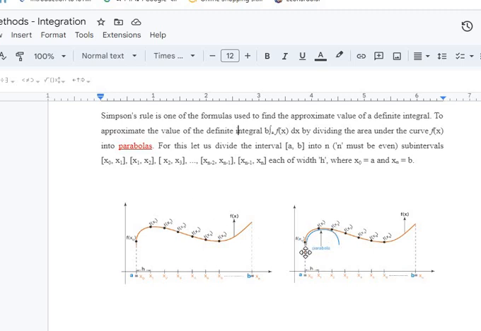Now here we're going to consider the area under this parabola, applicable for x0, x1, x2. This will give you area 1. Then you can calculate area 2 with x2, x3 and x4 parabolas. This will be a2.